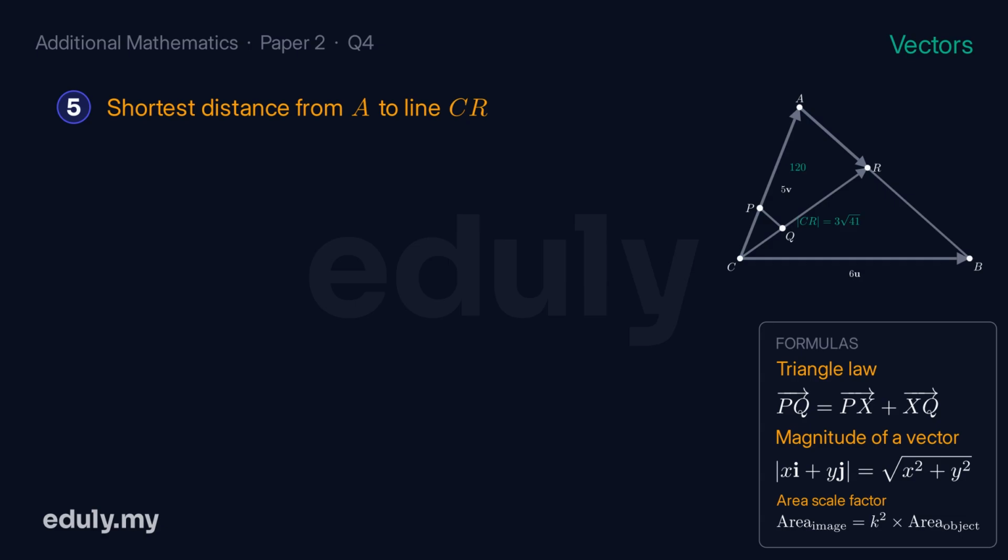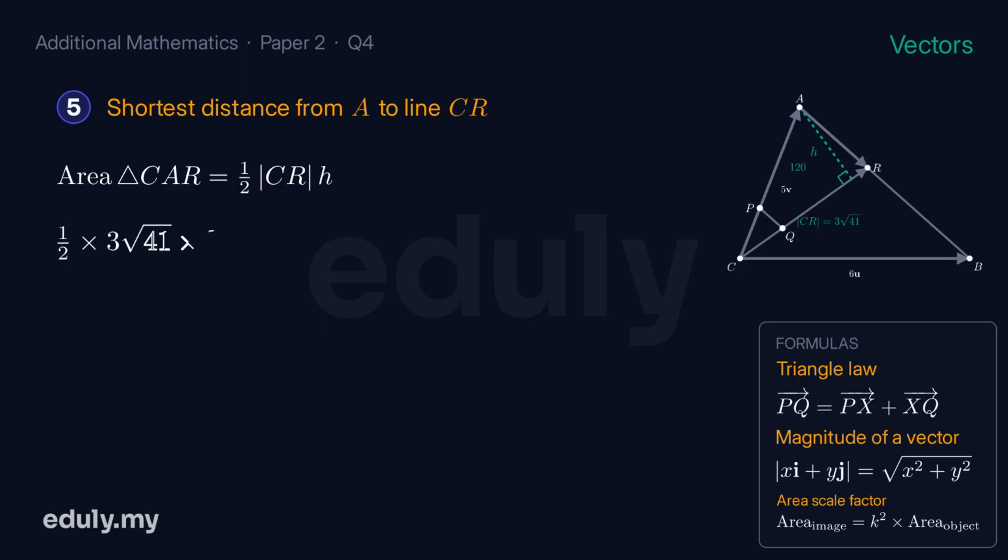Now the shortest distance from A to the line CR, which is the perpendicular height. Drop a perpendicular from A onto CR. Its length is the distance we want, call it h. The area of a triangle is half the base times the height. Use triangle CAR with base CR and height h.